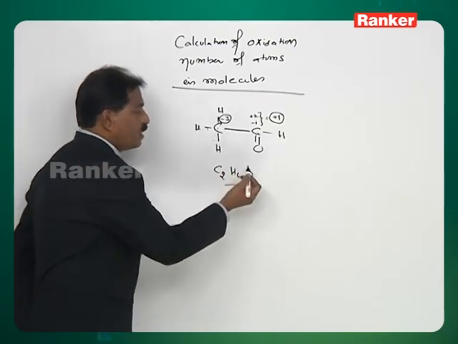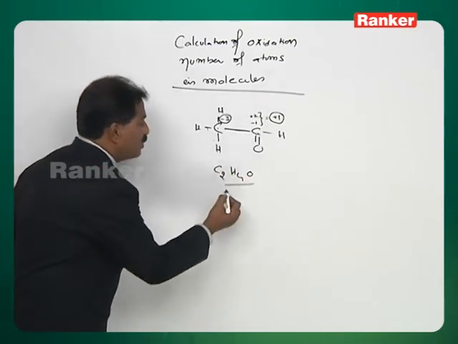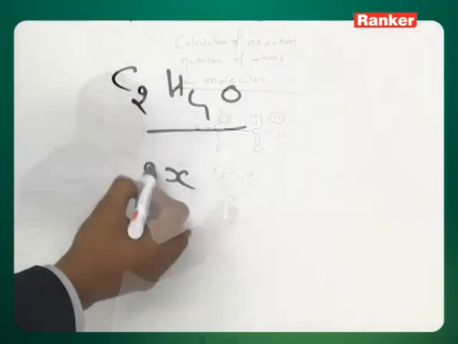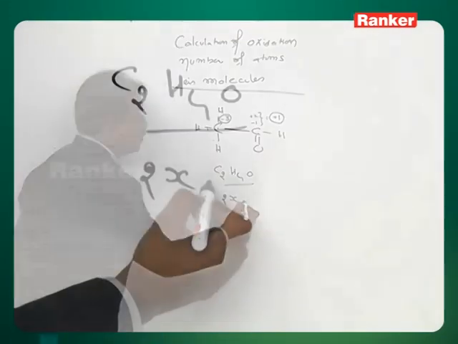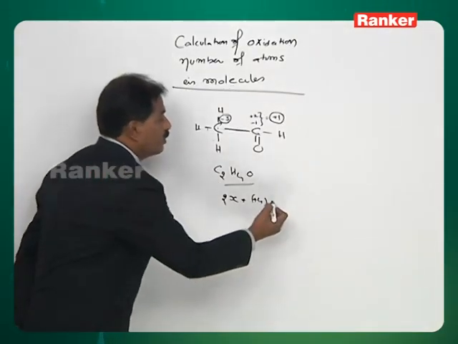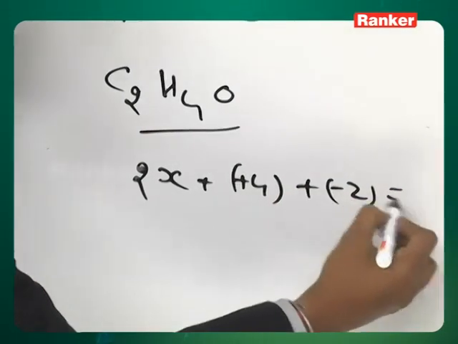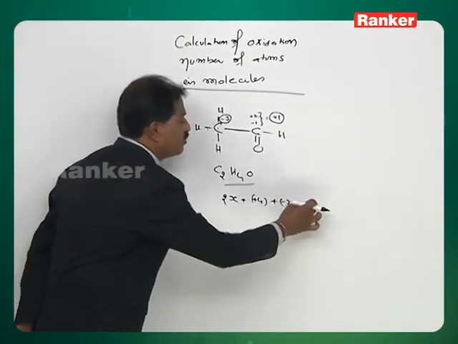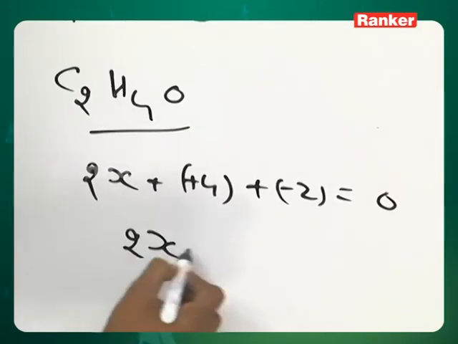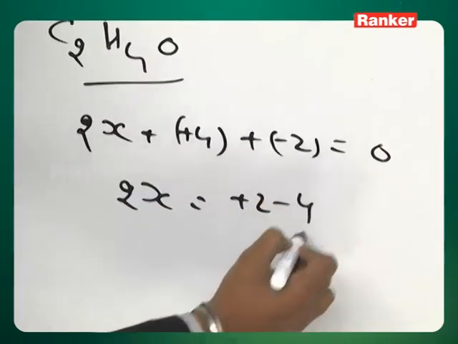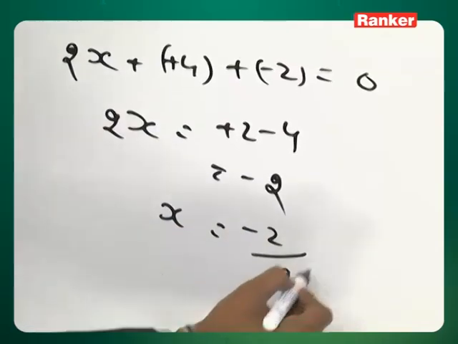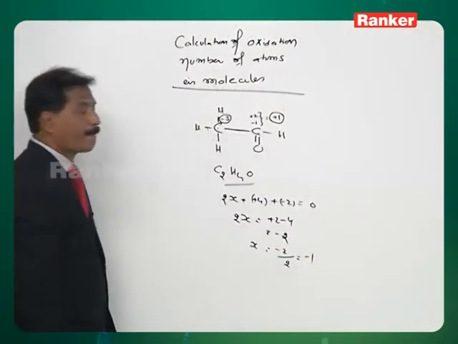Say for example, according to those rules, we don't know the oxidation state of the carbon, let us say X. Next, 2 carbons are present, 2X, plus 4 hydrogens are present, so +4, plus -2. The sum of the oxidation states in a neutral molecule is always equal to 0. Therefore, 2X is equal to +2 -4, therefore -2. So X is equal to -2 by 2, so -1.